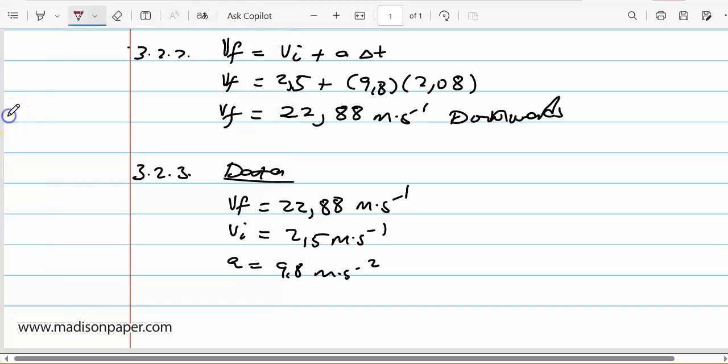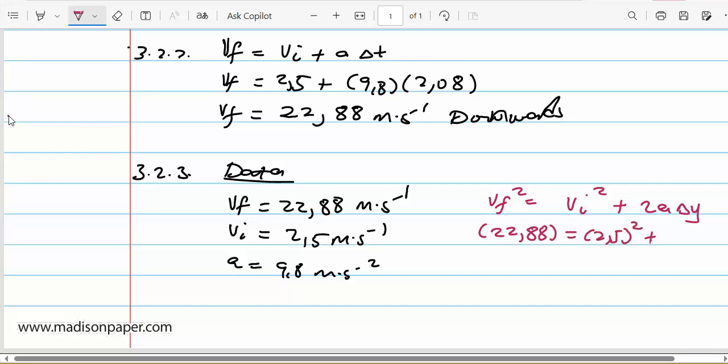The best formula to use is Vf squared equals V initial squared plus 2a delta y. Now this V final we calculated was 22.88. We equate this to the initial 2.5 squared plus 2 times 9.8 delta y. We need to isolate delta y.